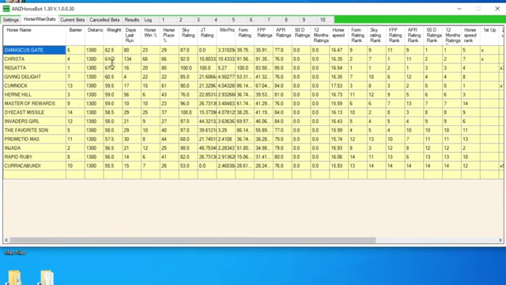The barrier, the distance, the weight, the days since the last run, the horse's win percentage, place percentage, the Sky Racing ratings, the jockey trainer ratings, win prize amount for the horse, form rating, on and on and on. Okay, so you can see that.